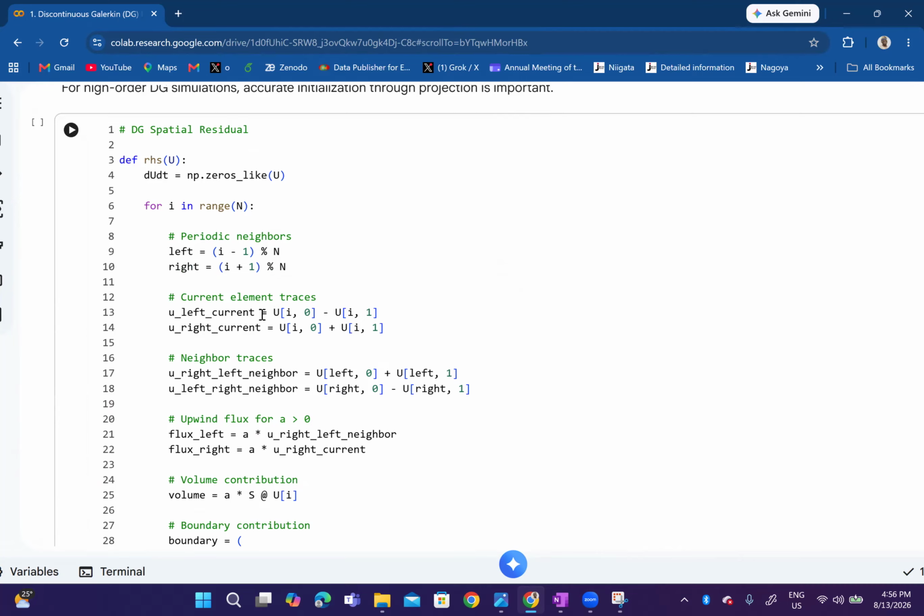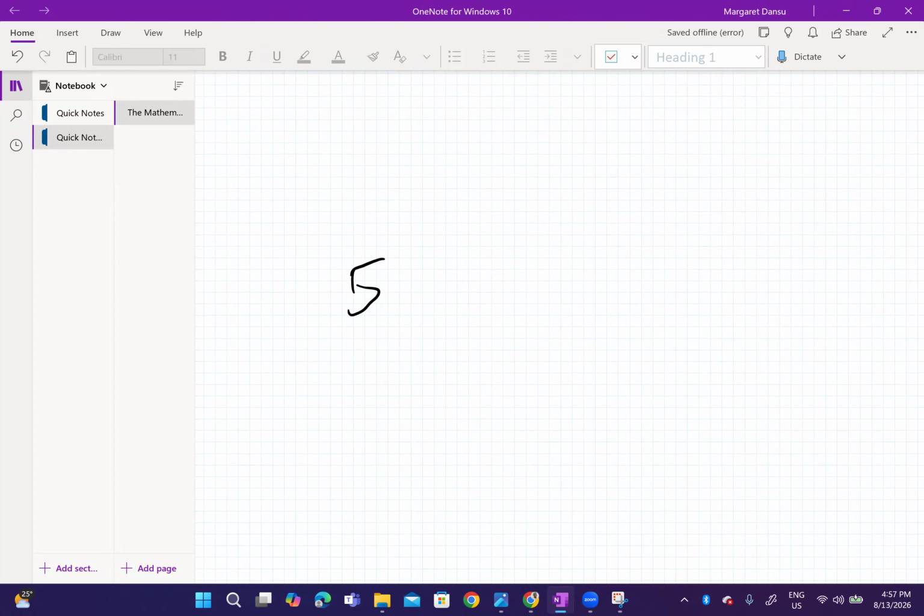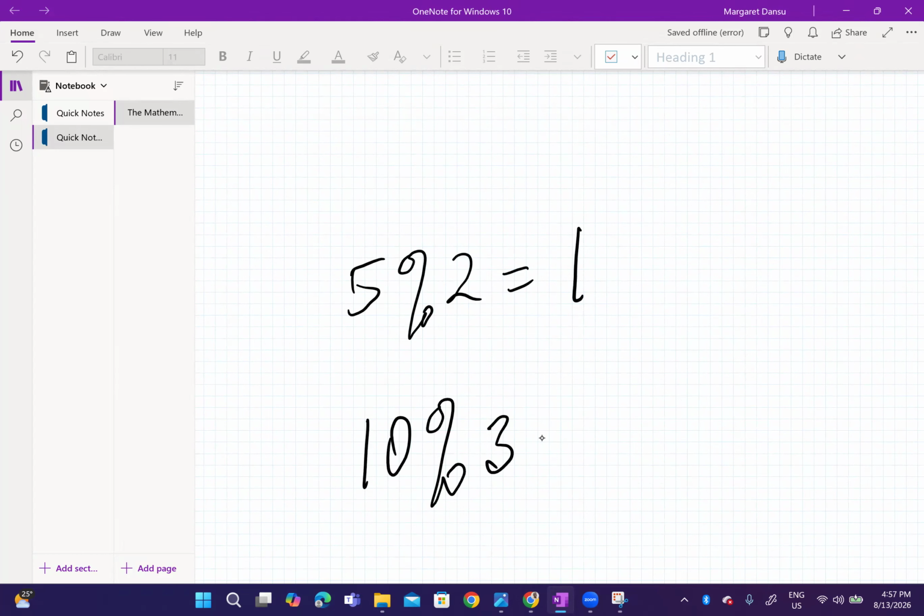The idea of modulo is simply this: if you have 5 modulo 2, when you divide 5 by 2 you get 2, and what is remaining is 1. Imagine you have 10 modulo 3. That's also going to give 1, because 3 goes into 10 three times, and the remainder is 1.